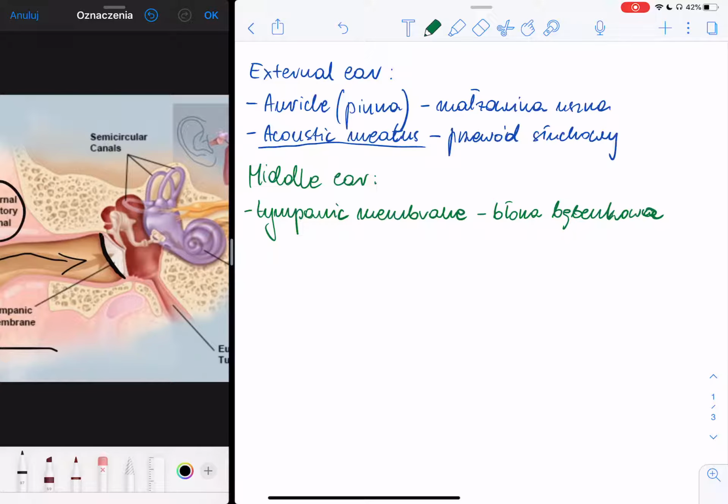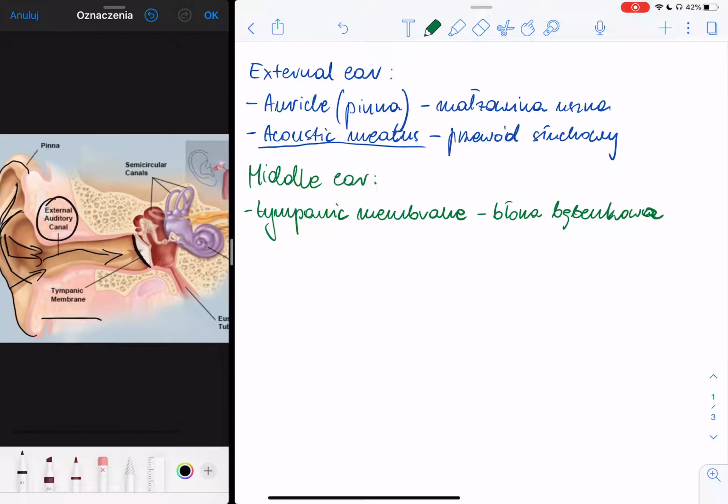Guys, this is the line between middle and external ear. To the outside of the skull, we will have the external ear. To the inside, we will have the middle ear.